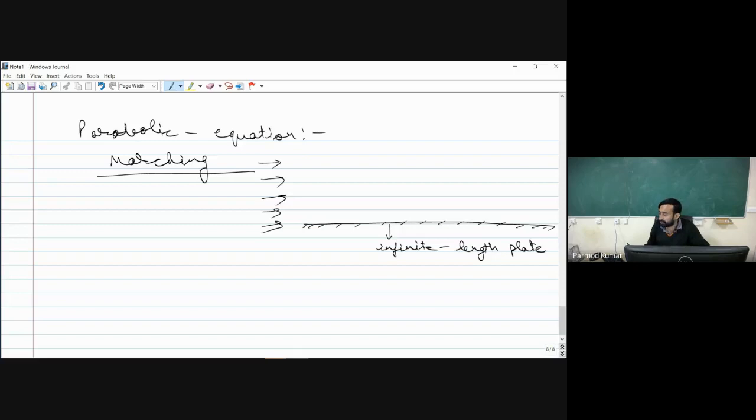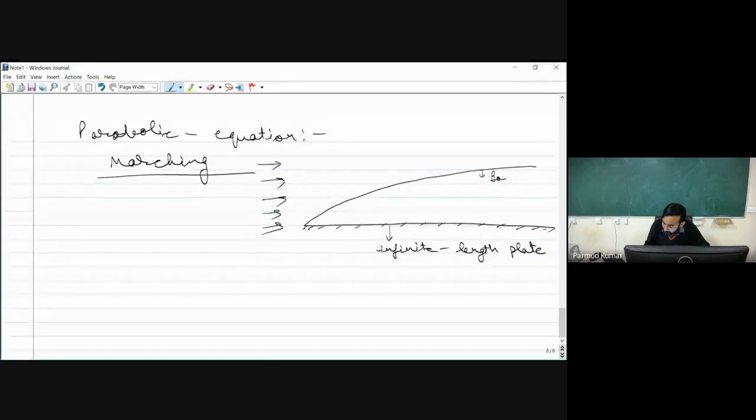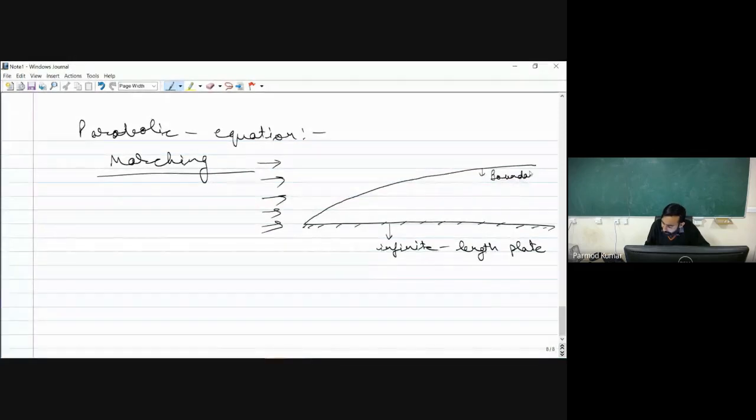We see that we will have development of some viscous dominant region, and that particular viscous dominant region is nothing but our boundary layer. Okay, and outside we will have some inviscid region. Now over here you can see, while solving our momentum equation for this type of flow behavior, we will have both convective and diffusion terms.